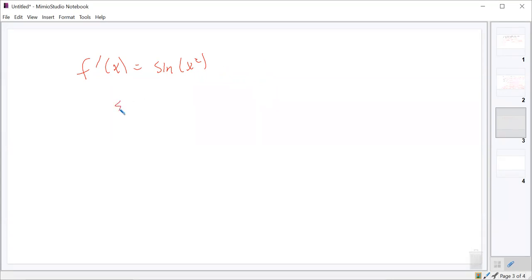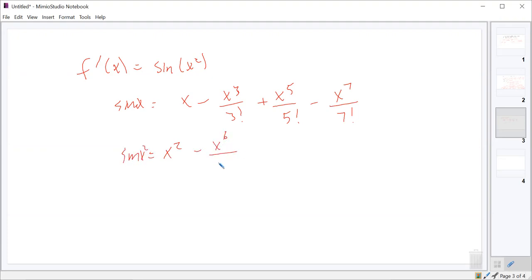So if I have sine of x is x minus x cubed over 3 factorial plus x to the 5th over 5 factorial, and I make that x squared, then that should become x squared minus x to the 6th over 3 factorial plus x to the 10th over 5 factorial and so on.